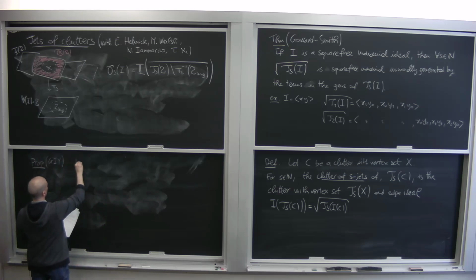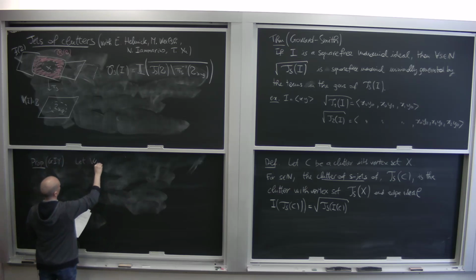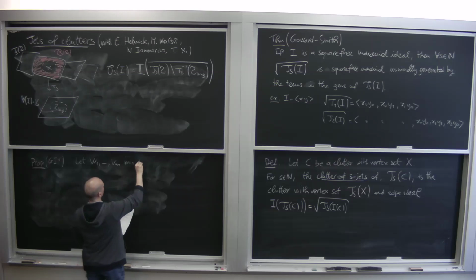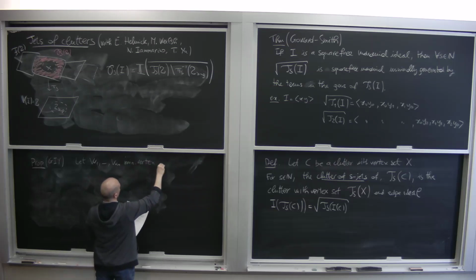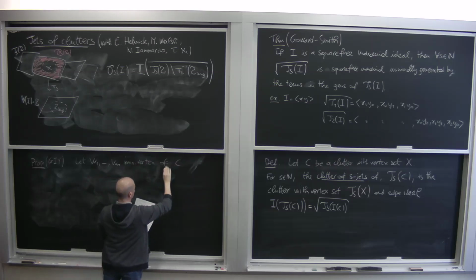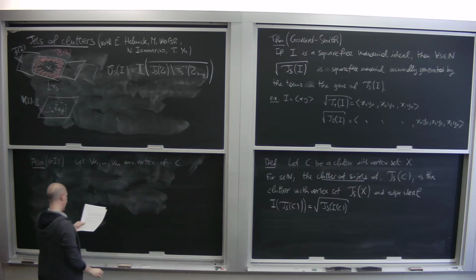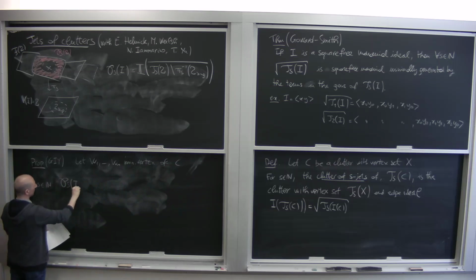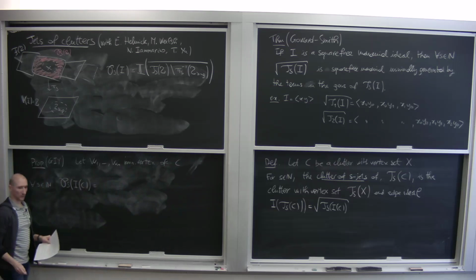Let me also say we want to write minimal vertex covers of that C. So then I'll give you two descriptions of this. We call it the ideal of principal jets. We don't want to call it principal components, so ideal of principal jets.